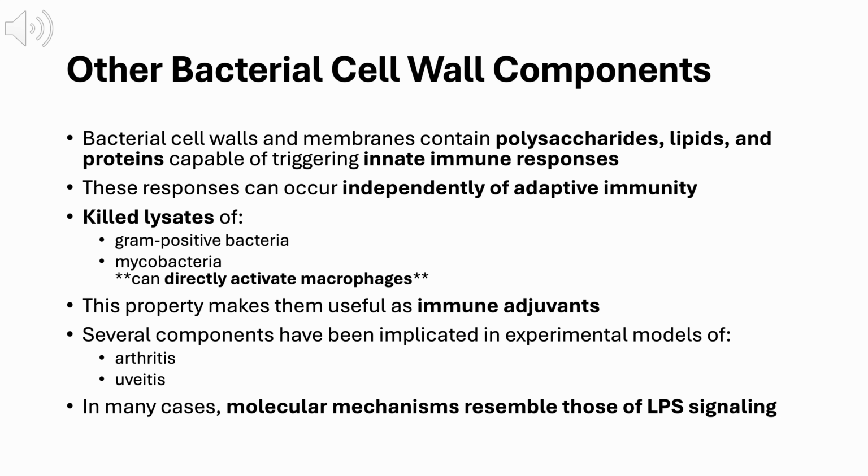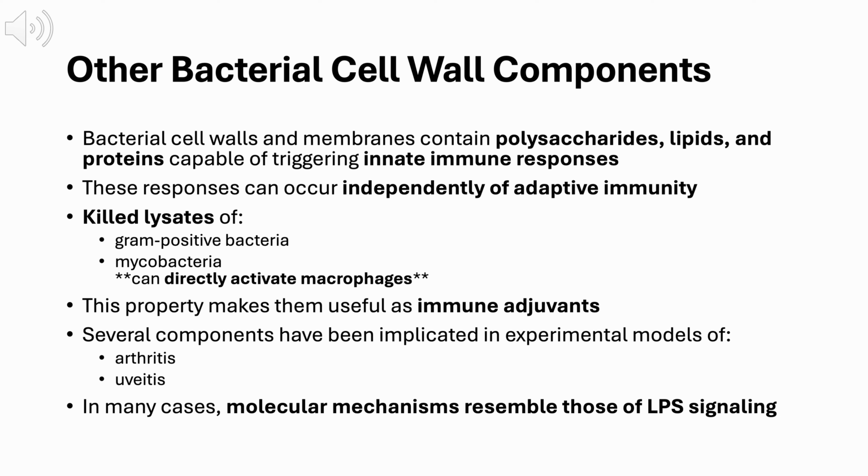Beyond LPS, many other bacterial cell wall and membrane components can also activate innate immunity. These include polysaccharides, lipids, and proteins that are recognized even without a pre-existing adaptive immune response. Importantly, viable bacteria are not always required.